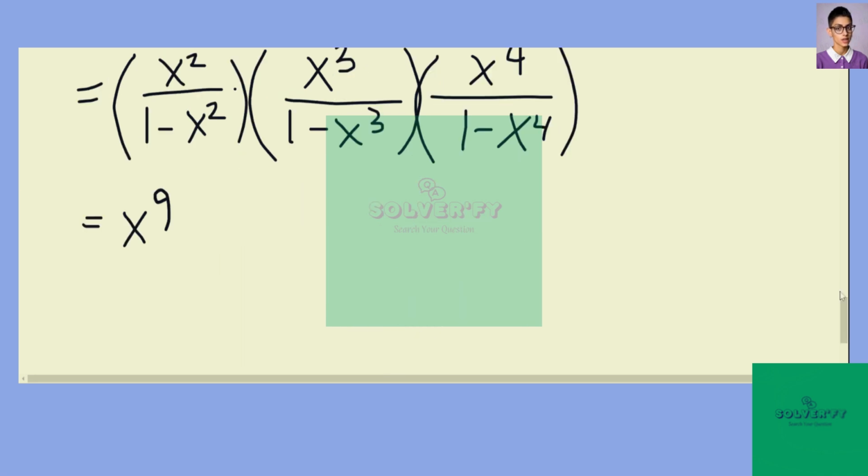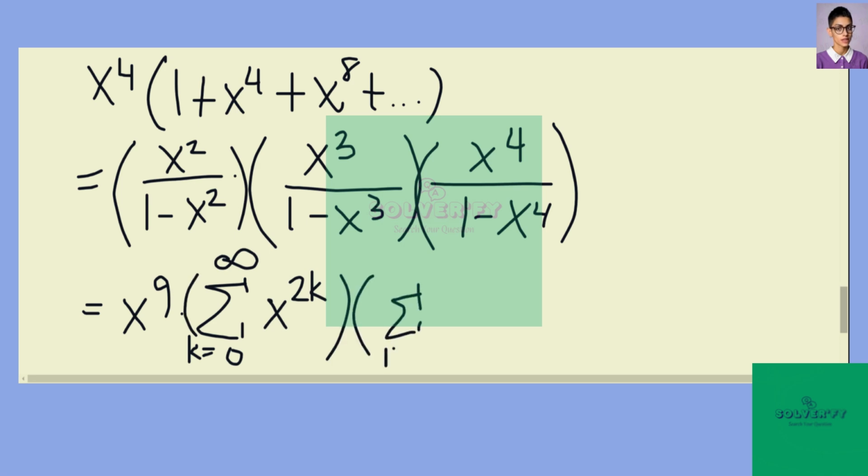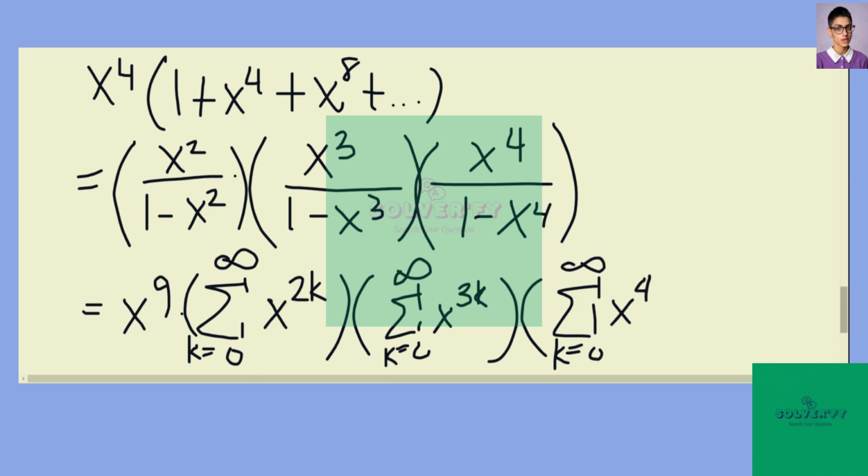So to understand this, I'll rewrite this as x to the 9th times the sum from k equals 0 to infinity of x to the 2k times the sum from k equals 0 to infinity of x to the 3k times the sum from k equals 0 to infinity of x to the 4k.